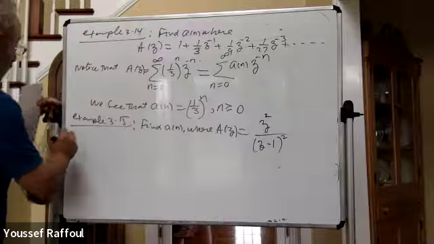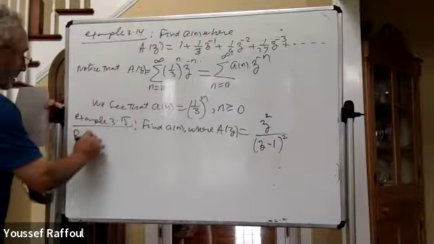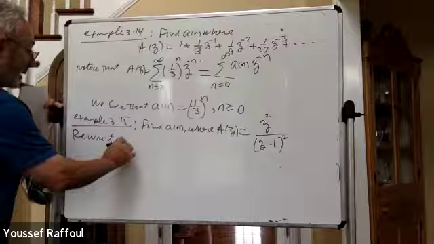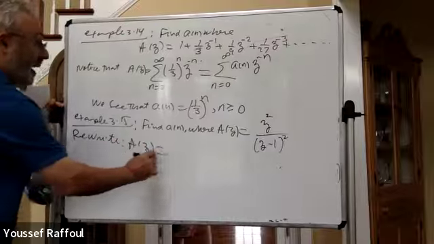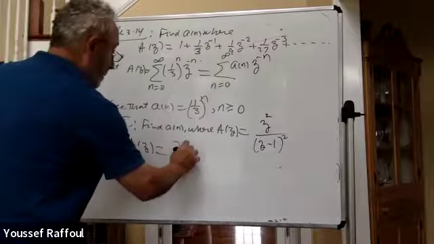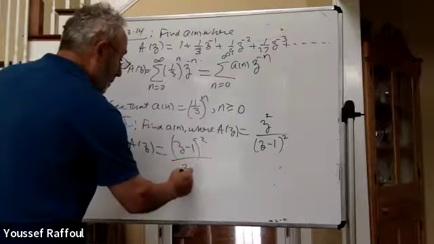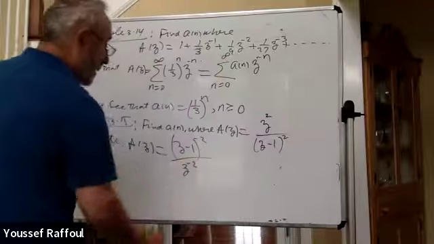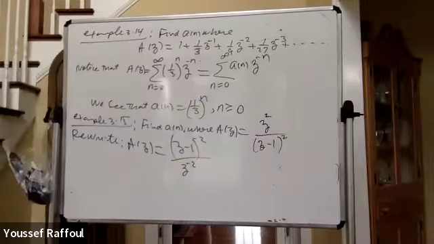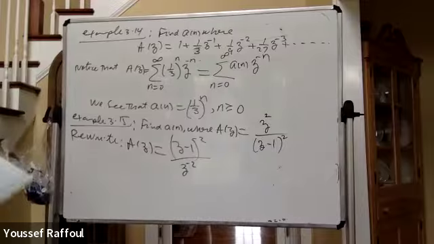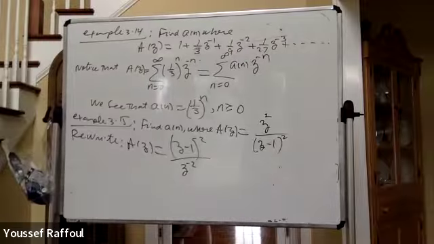Let us rewrite A(z) as (z minus 1 minus 2) over (z minus 2). I can do that, right?